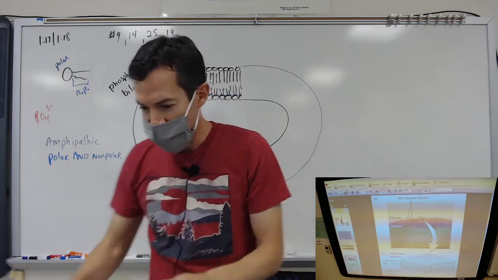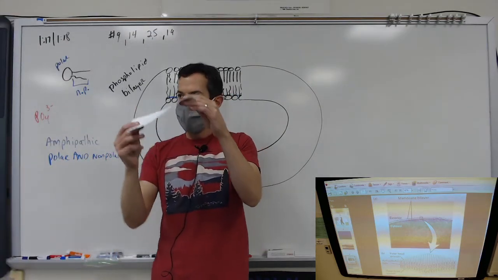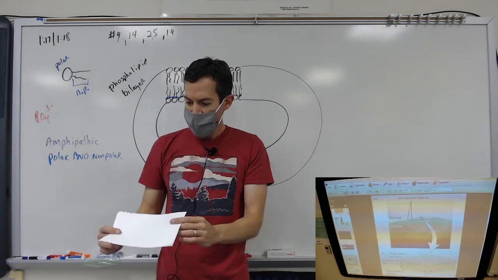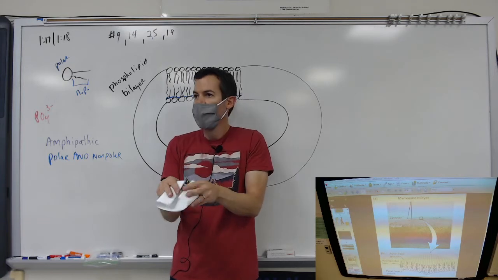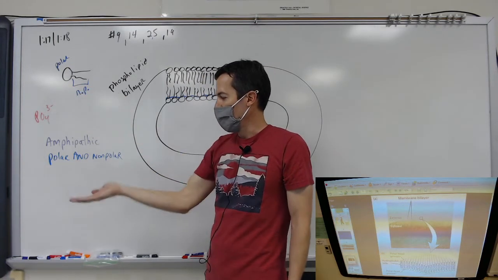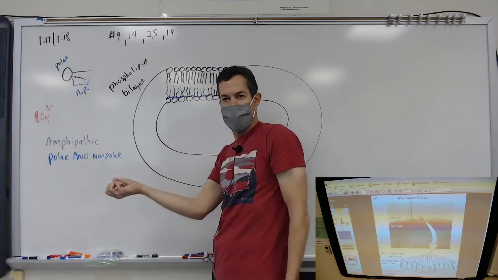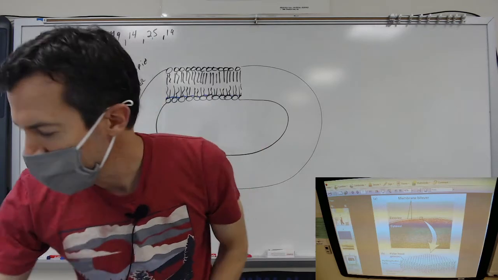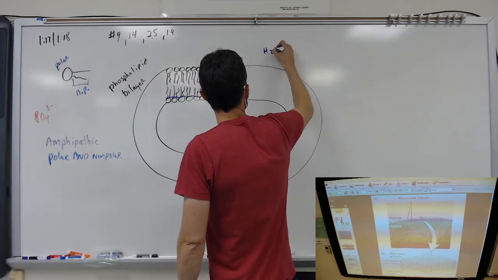So back to my analogy of being out at the lake with Dale. Phospholipid bilayer. When I dunk this underwater and it folds, what's in the middle of it now? Water, because if I have my hand on the surface of water and I put it underneath and I go like that, I've got a handful of water. What am I surrounded by if I'm underwater? Water. So I have water on the inside, water on the outside.